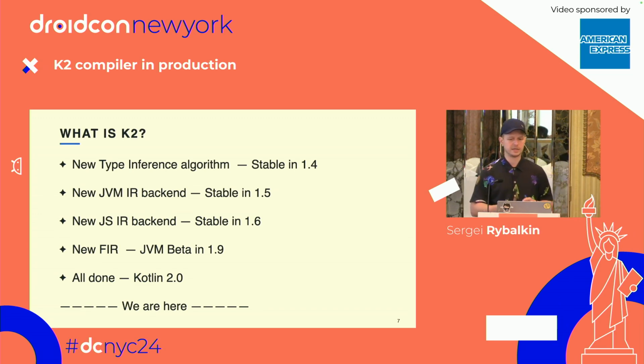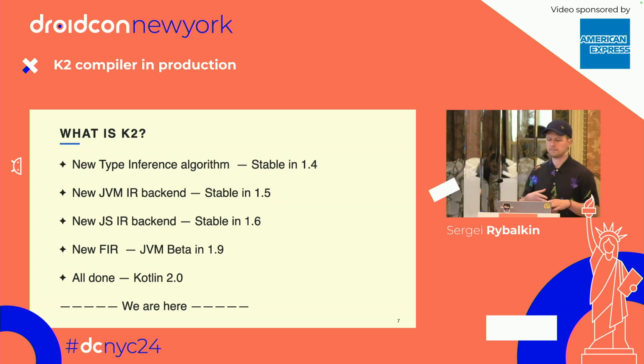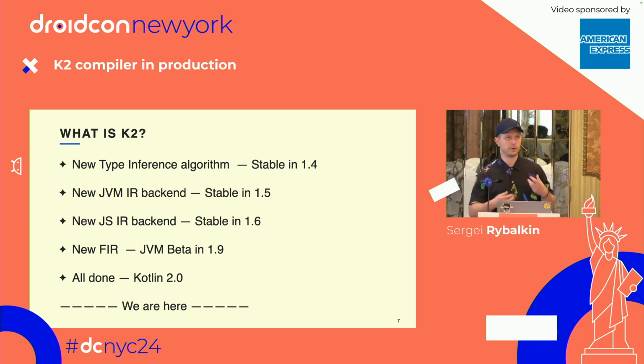It all started in Kotlin 1.4 when a new type inference algorithm happened. It dramatically changed the way we operate with types, both in our IDE and compiler. It improved things and delivered a speed boost.